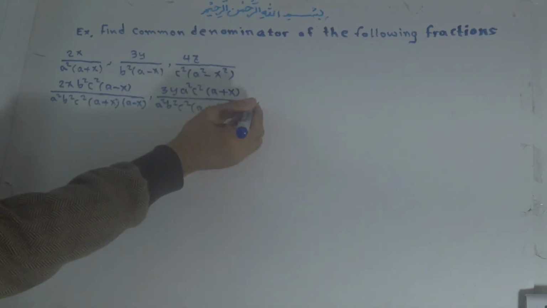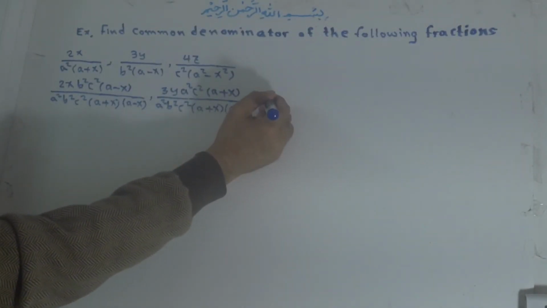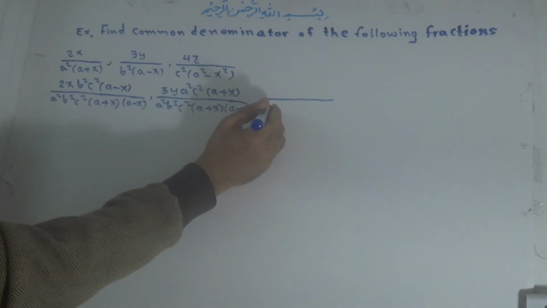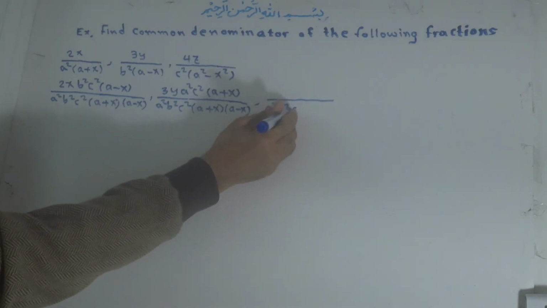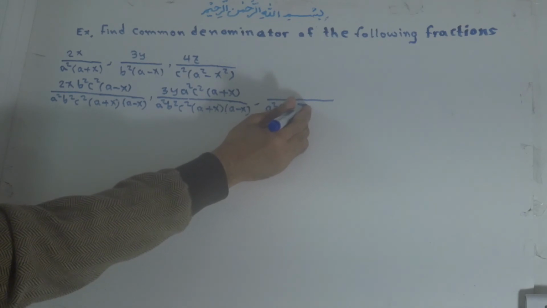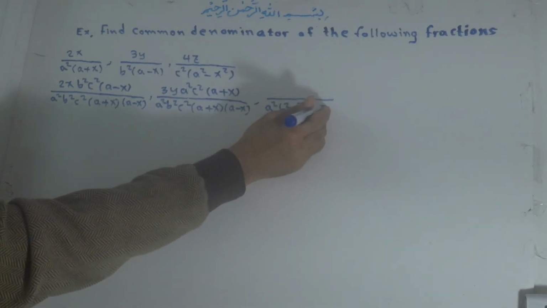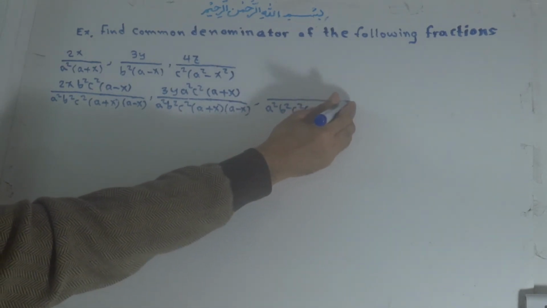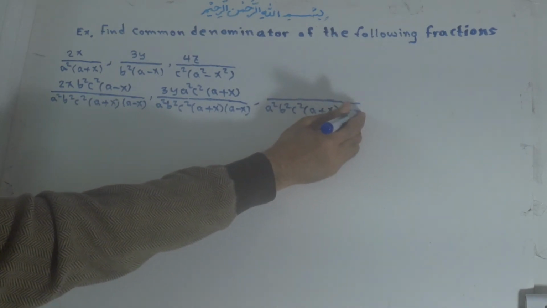And for the third fraction, the denominator is the same: a to the power of 2, b to the power of 2, c to the power of 2, a plus x, a minus x.